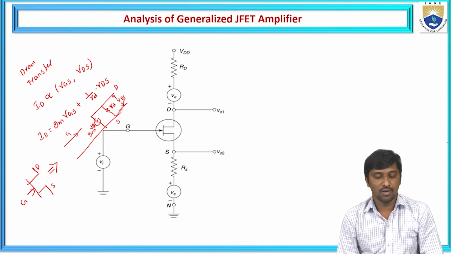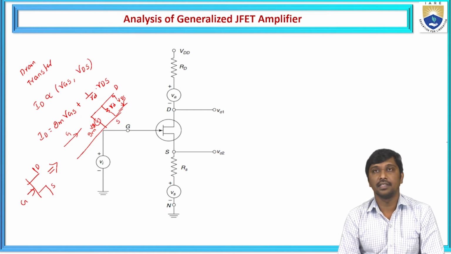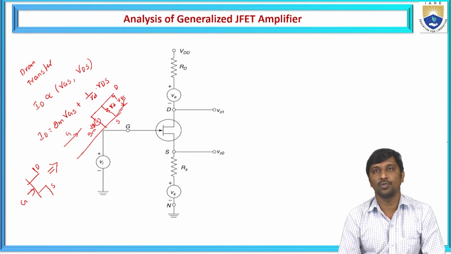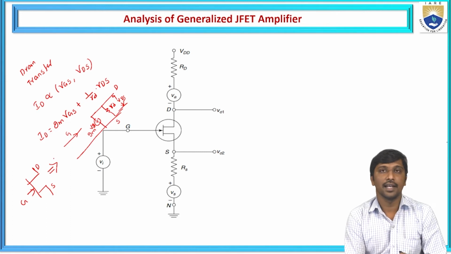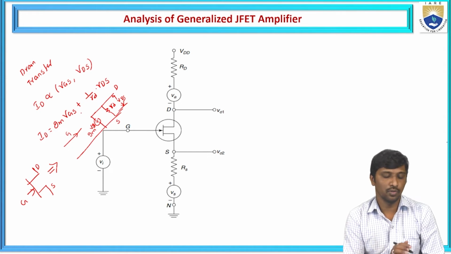Now we need to redraw this generalized JFET amplifier model into the small signal model, or a low frequency model, by using this equation: ID is equal to Gm times VGS plus 1 by RD into VDS.